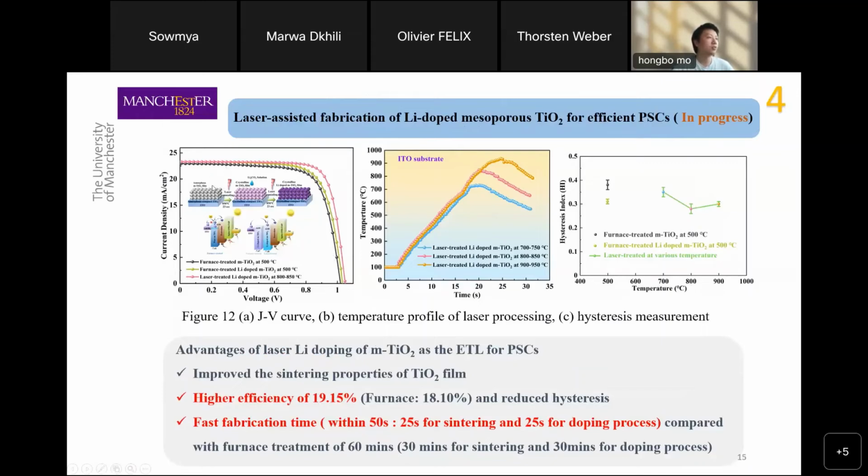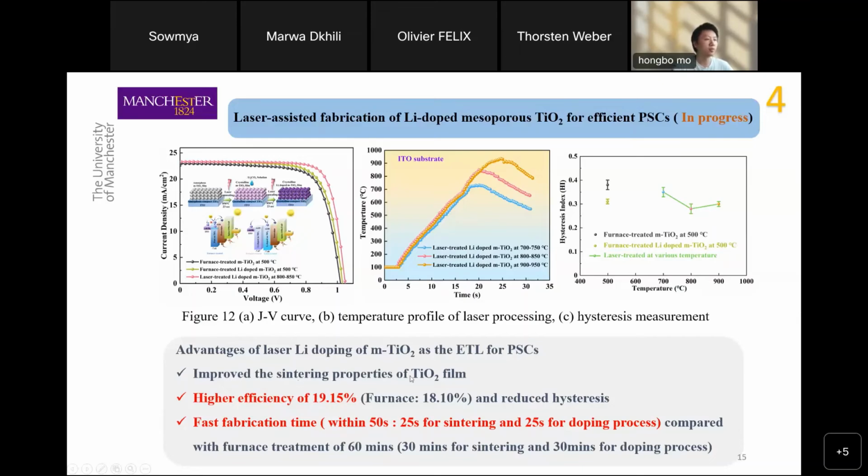The first step is sintering the mesoporous titanium dioxide film, and the second step uses a similar laser procedure for annealing to dope the lithium ion into the mesoporous titanium dioxide film. And we also found similar results.